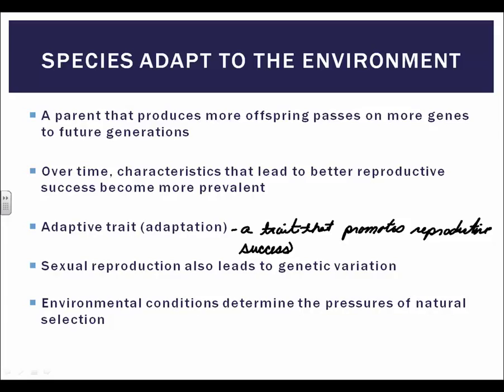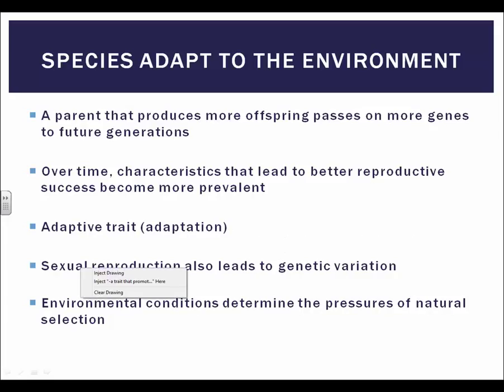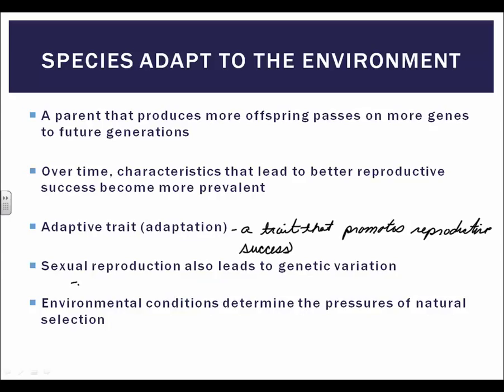Sexual reproduction produces new combinations. All right, so environmental conditions determine the pressures of natural selection. Organisms need time to adapt to these changing conditions.